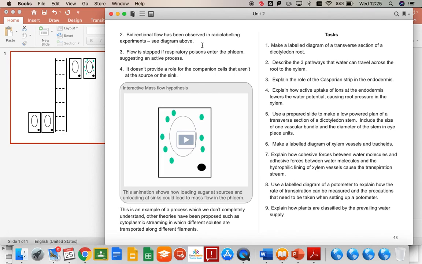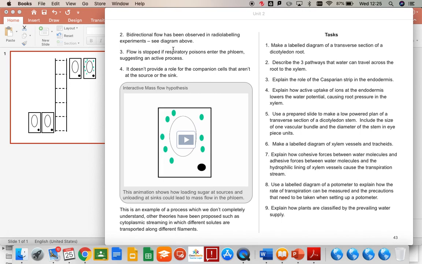What is a problem is that if you use respiratory poisons, something like cyanide, on a companion cell down here, so it's not at the source, not at the sink, it will stop this mass flow.